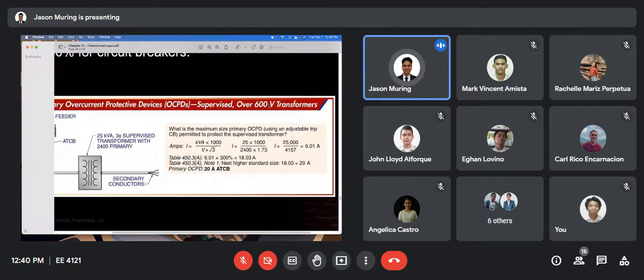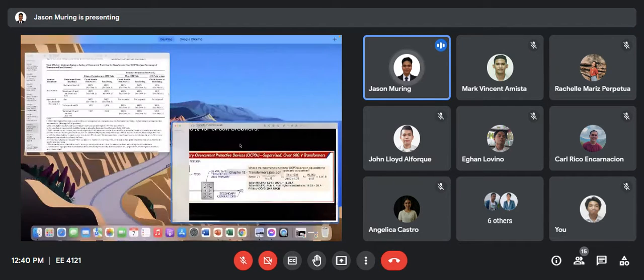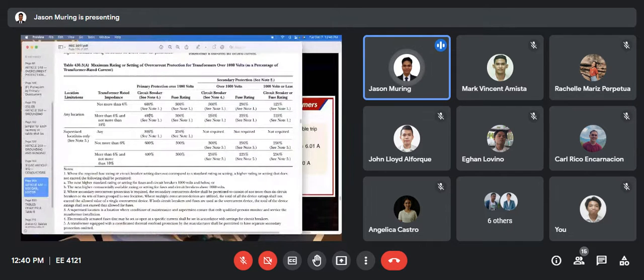So this one is 600 volts, and since this is for the primary OCPD, we have to look at these columns. So we have circuit breaker and fuses. Because this is not more than 6%, and this is more than 6% and not more than 10%, therefore we belong here under any.